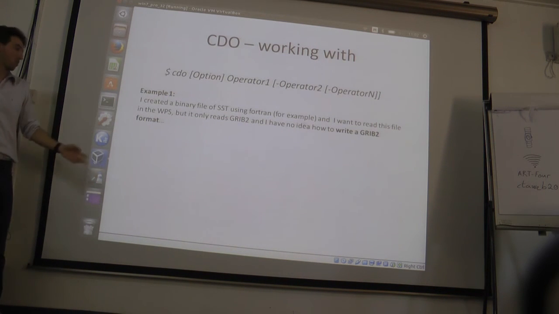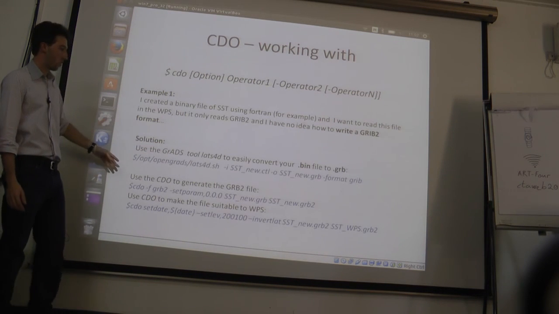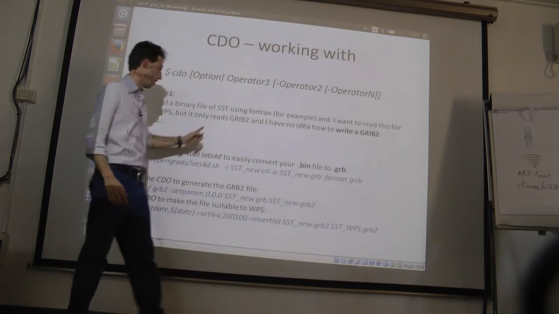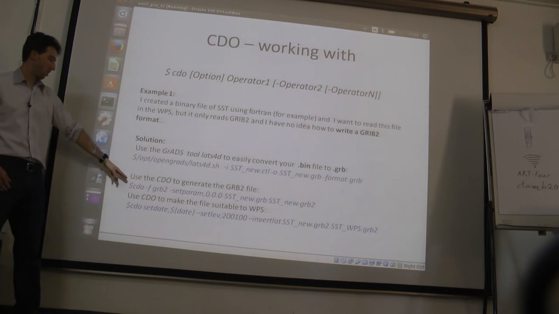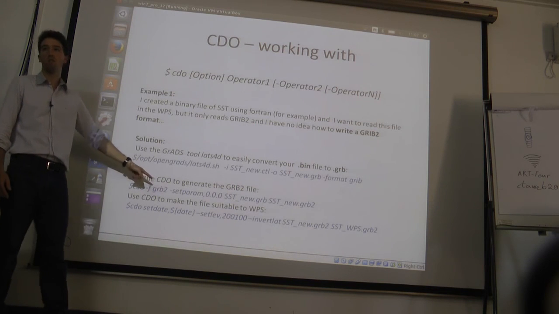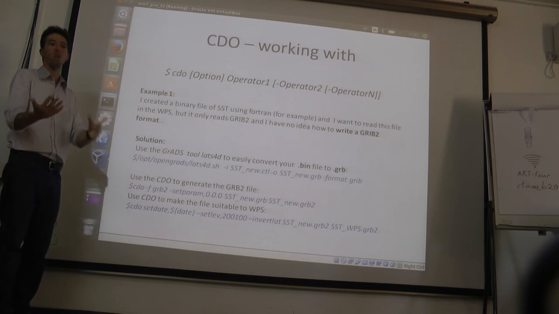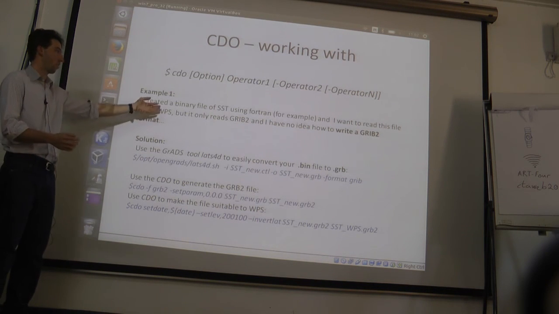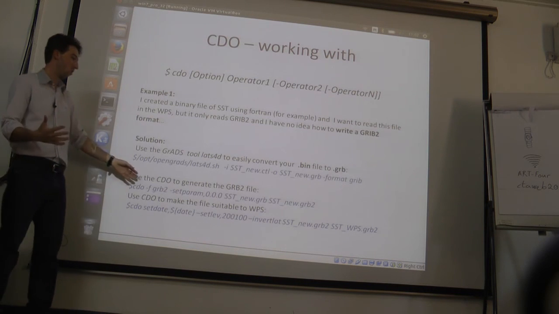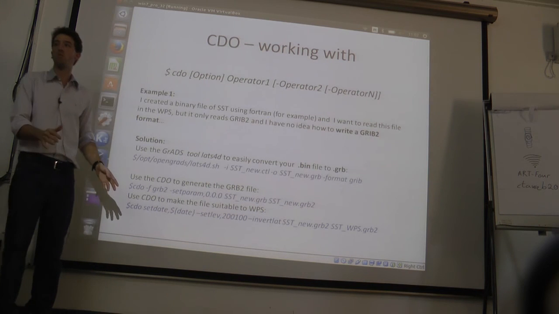So a solution can be, I use GrADS to create a grib file version 1, and then I use CDO to convert from grib1 to grib2. Or if you wrote a .nc file, you can use CDO to convert from NetCDF to grib2 file.